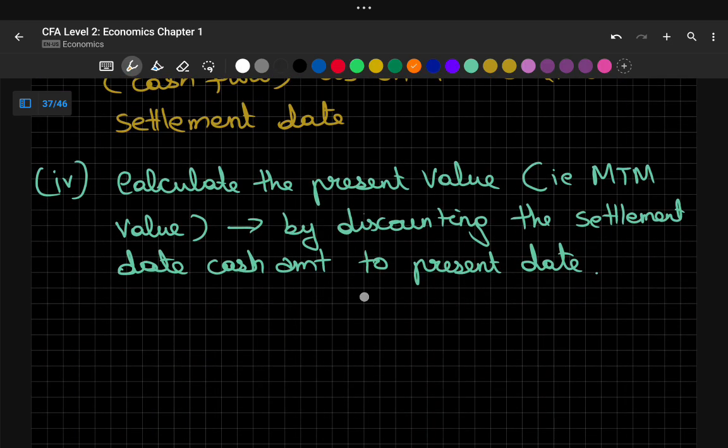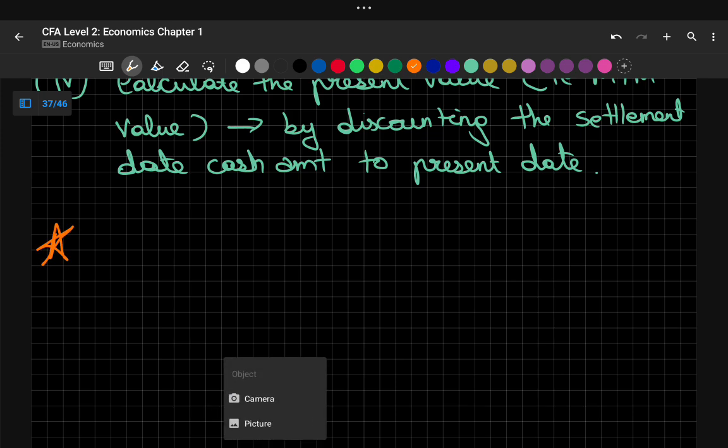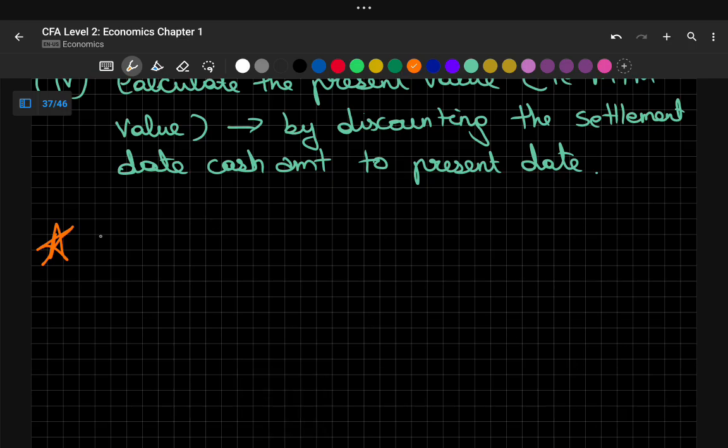Now we have reached the concluding part of this video. The concluding part is, what are the factors that affect the bid offer spread for forward points?